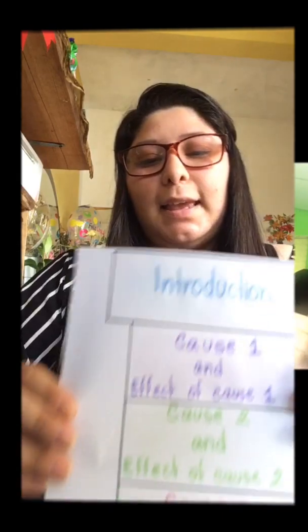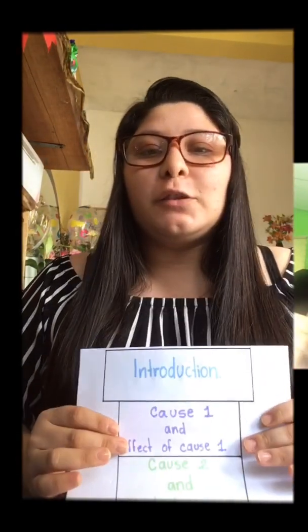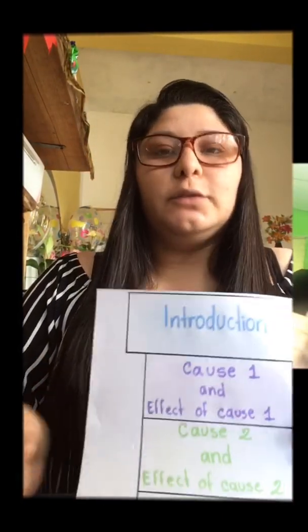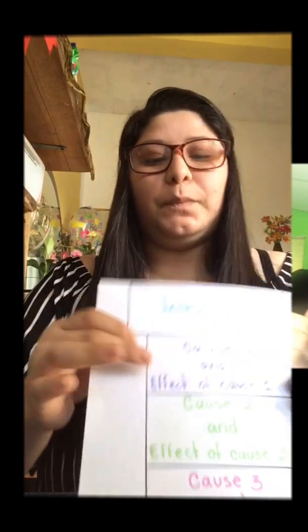And in the body paragraphs we are going to write just causes. The point of this organization pattern is that you want to convince someone to do something, or you are on the side of someone or something.